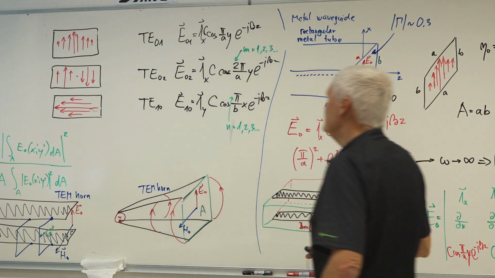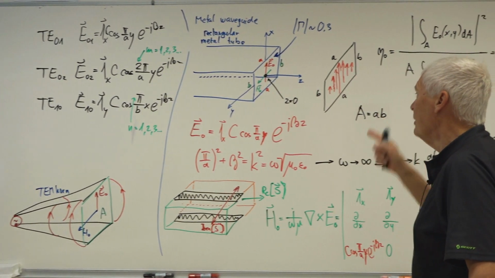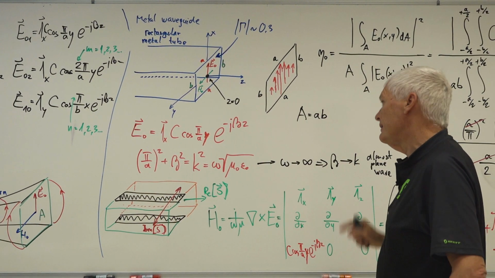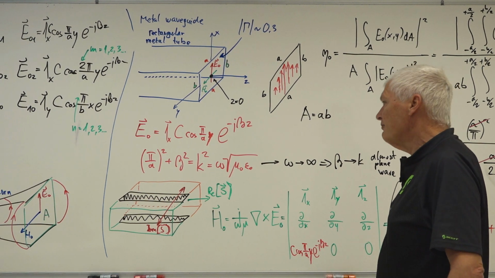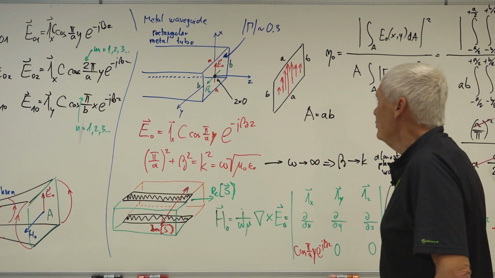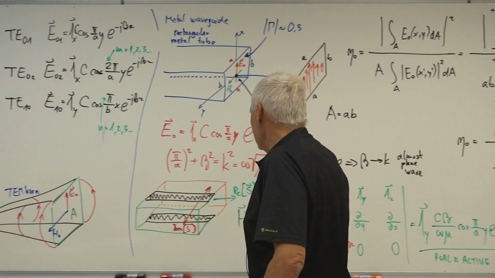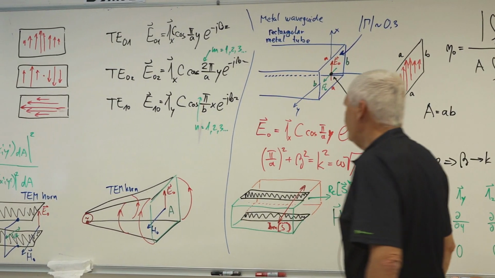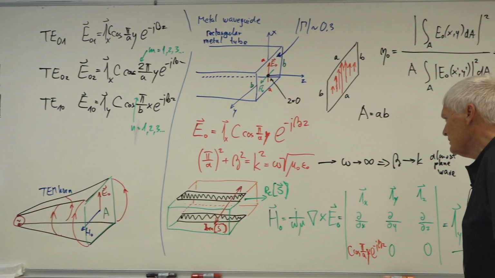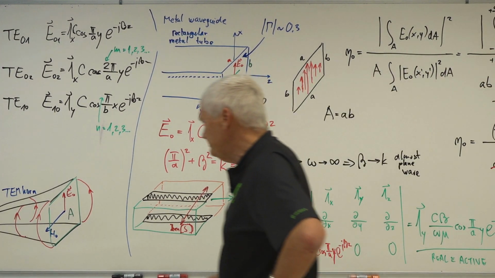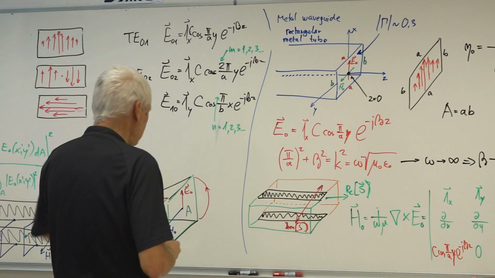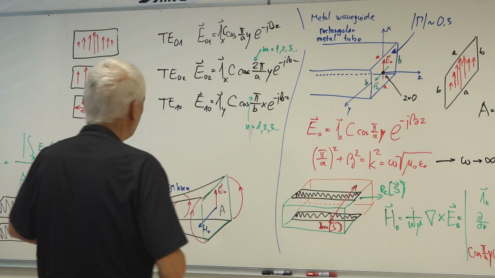So I have many modes and many other modes that have both x and y dependencies. So I have higher order modes. Where is the trick right now? The trick is to find the cutoff frequencies of these modes.